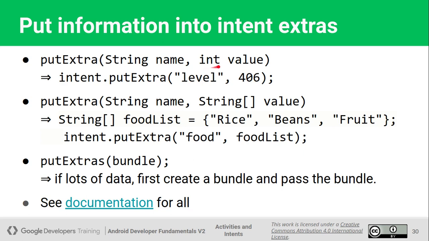This value could be an integer, a string or any character. In the second case we can see that name is the key, and the second argument is the message, which is a string. So we can pass integer, string, character or any data type to the extras.